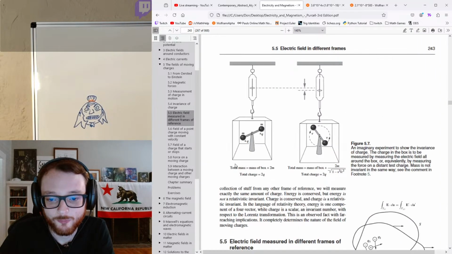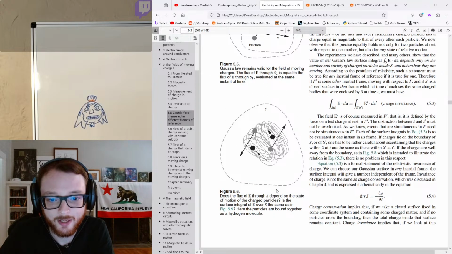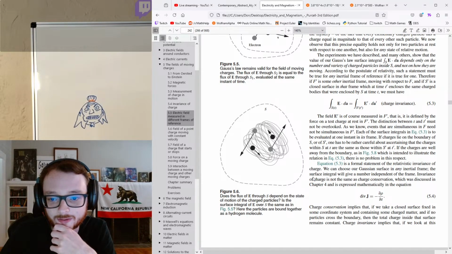Okay, when I was reading this last night, I just ended here. We were talking about how Gauss's law still holds for charges in motion, and how charge is relativistically invariant.